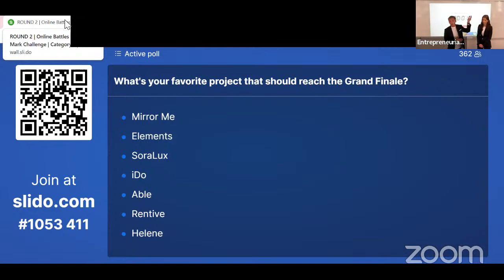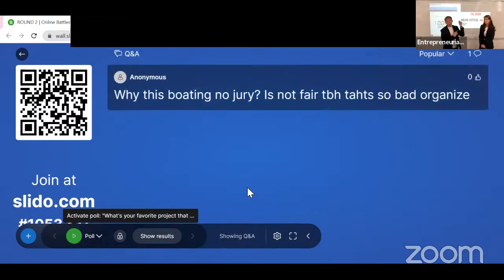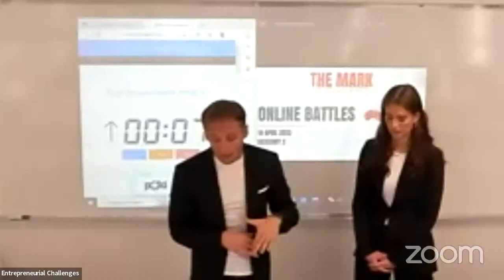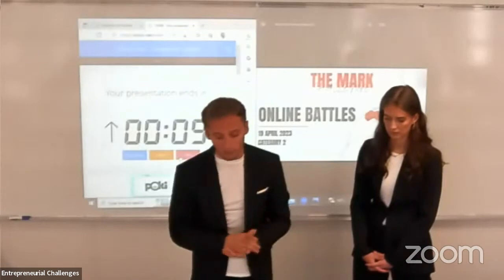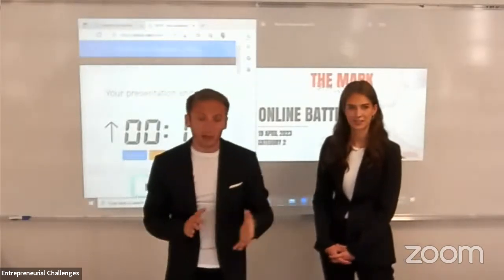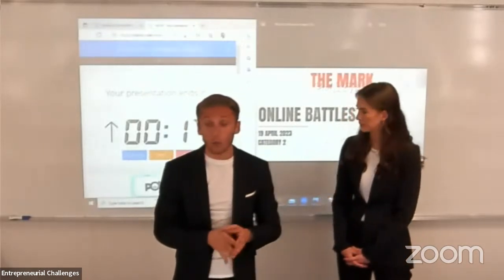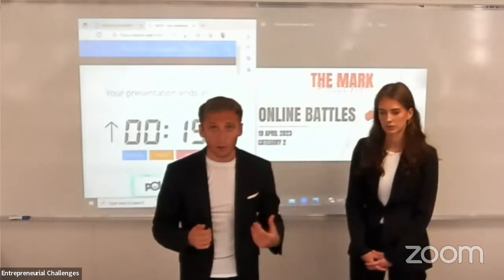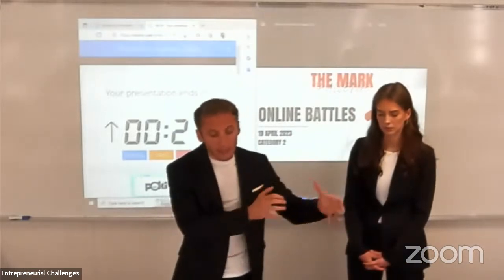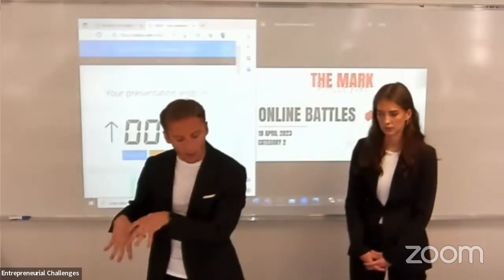The team that they rank number 1 will get the maximum amount of points, which is 20 points. The team that they rank last will get the minimum amount of points, which I believe is 2 points. That will account for 2/3 of the overall weight for your grade as a team that's presenting. The other 1/3 of that weight comes from the online battles.